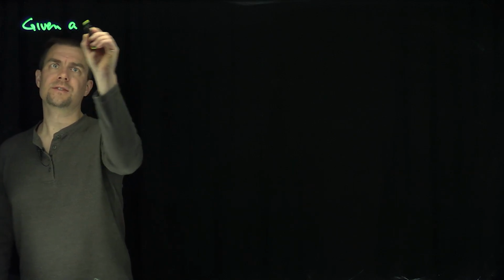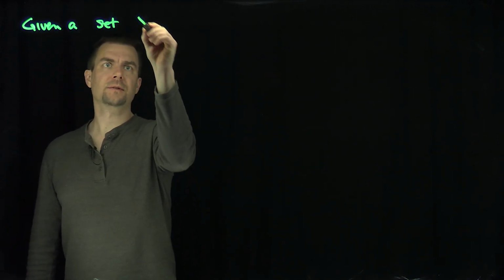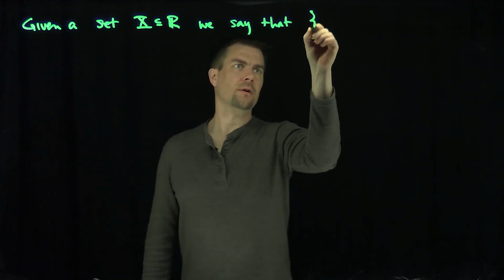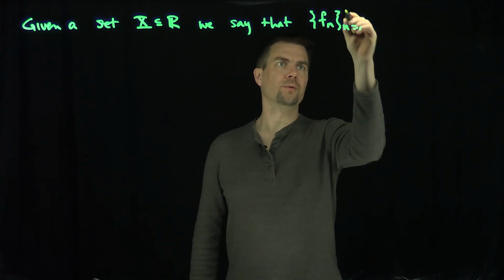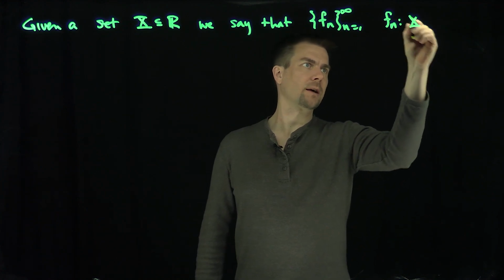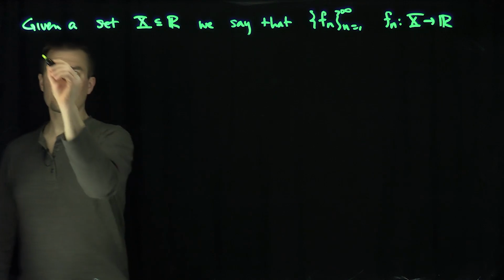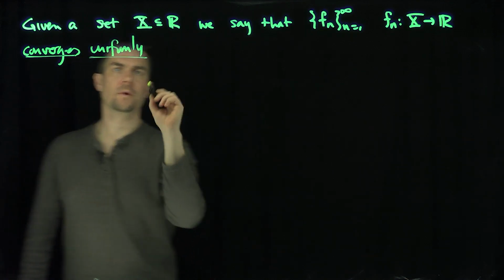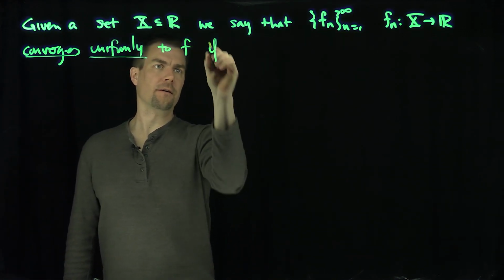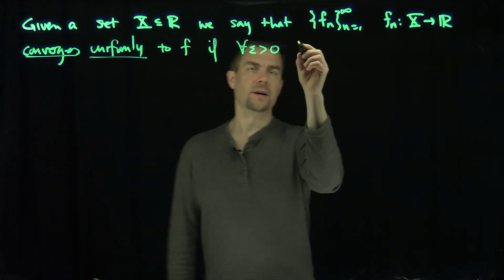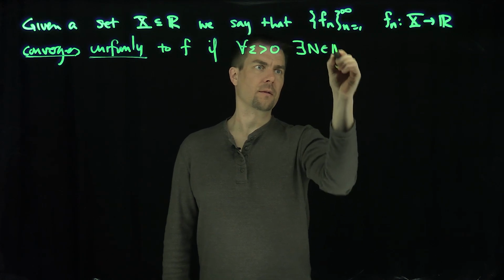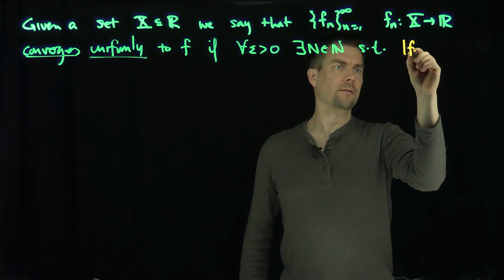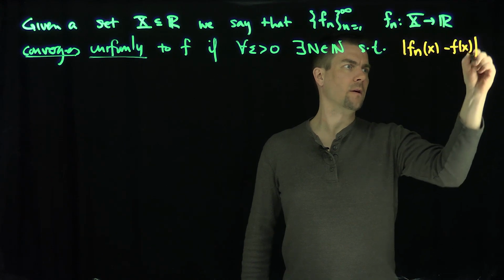Given a set S, or let's say X, a subset of R, we say that a sequence of functions Fn, n goes from 1 to infinity, where each Fn maps X into R, converges uniformly to F if for every epsilon greater than 0, there is an N in the natural numbers such that, and here's the important condition, |Fn(x) - f(x)| is less than epsilon.